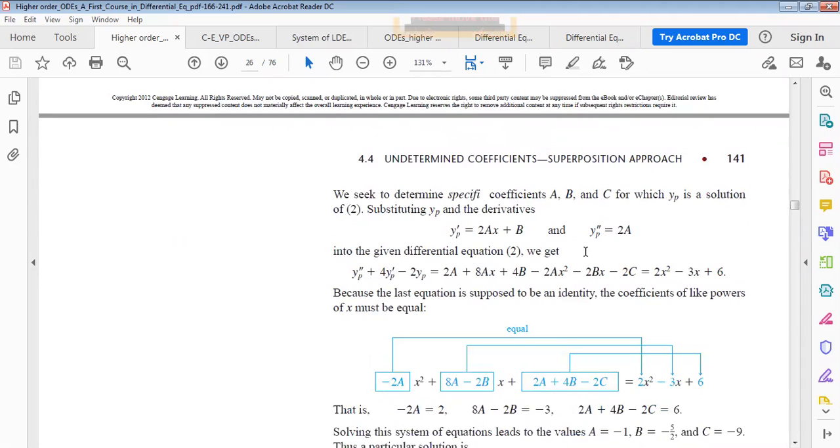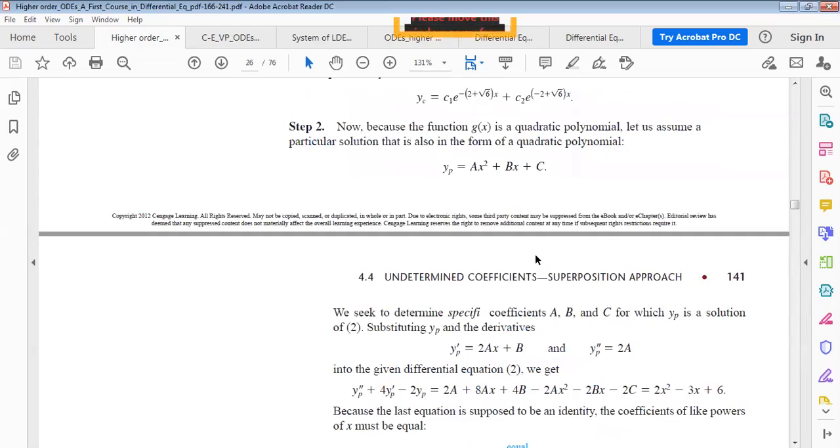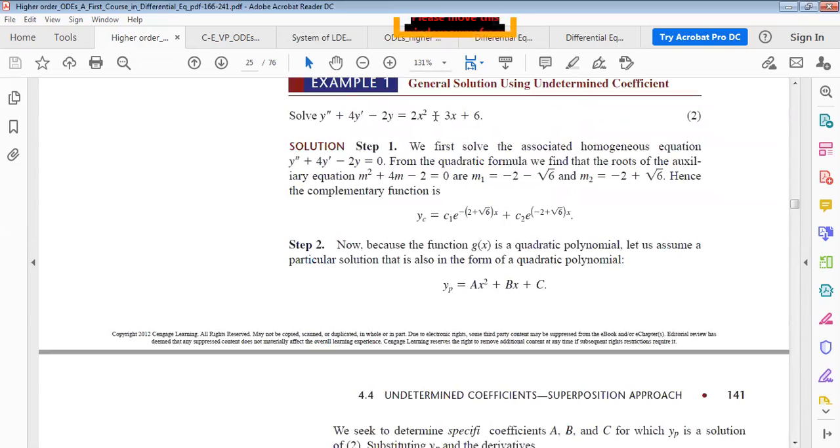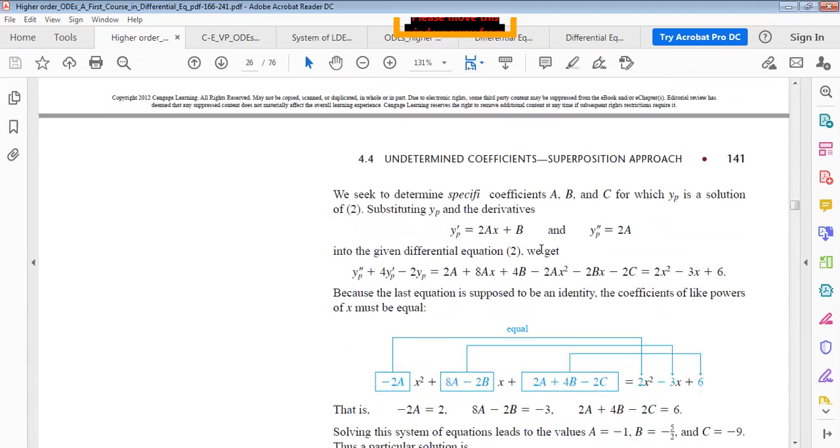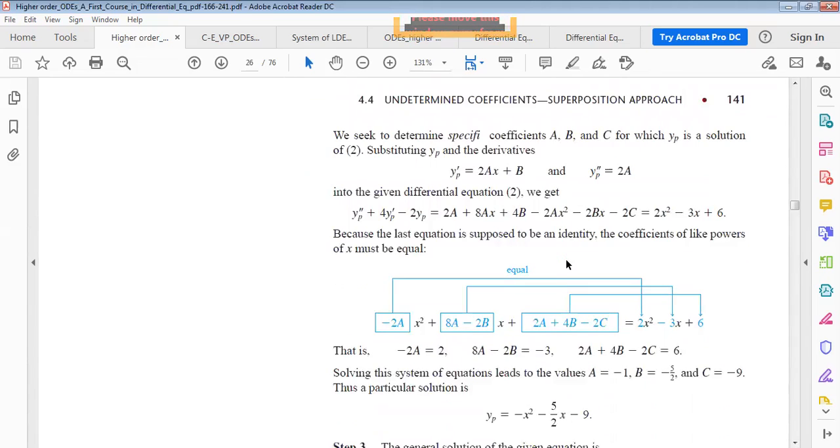Now putting the double derivative, first derivative, and y value into the given differential equation, we get this equal to 2x square minus 3x plus 6.